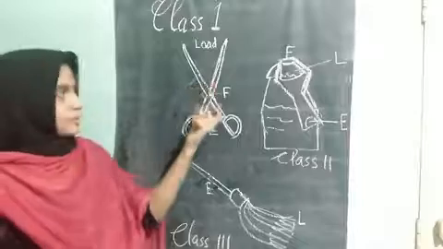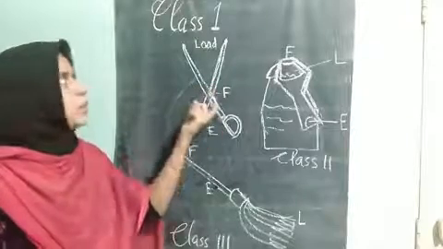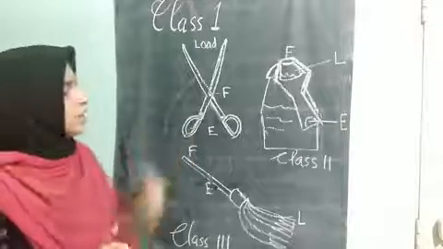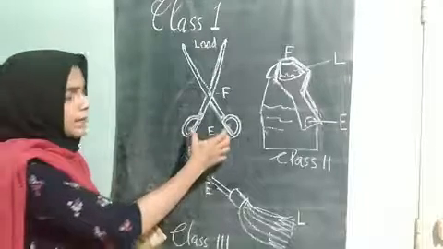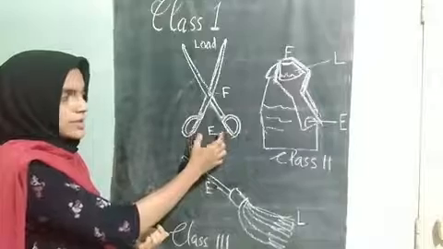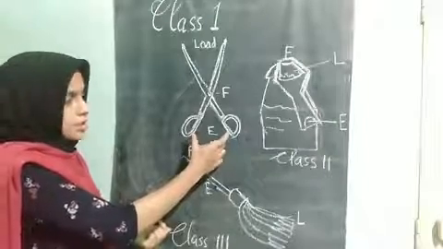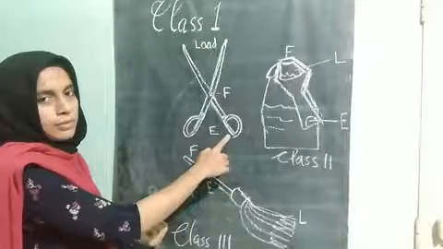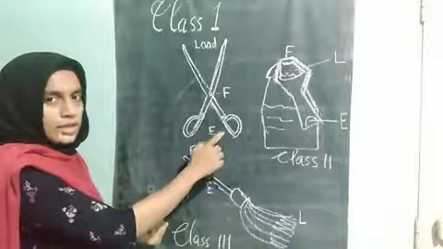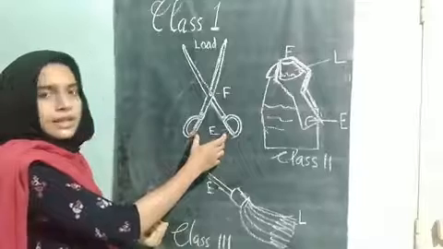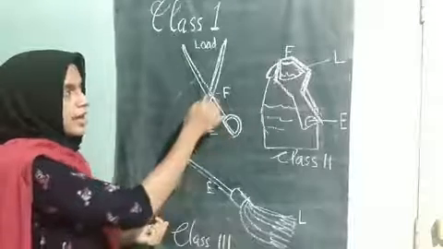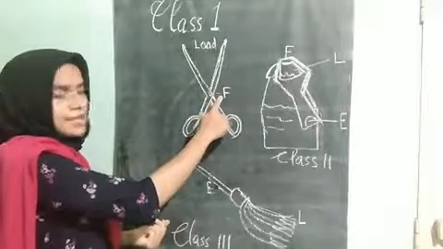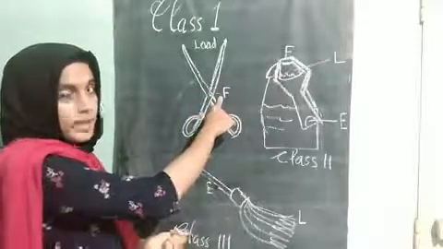So first we can discuss what is a class 1 lever. Here you can see a pair of scissors. We will apply a force on this side, right? So here it will be the effort. We are applying force, that we call effort. And the point here, that we call the fulcrum, right?